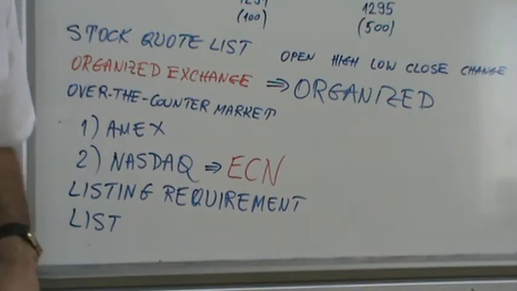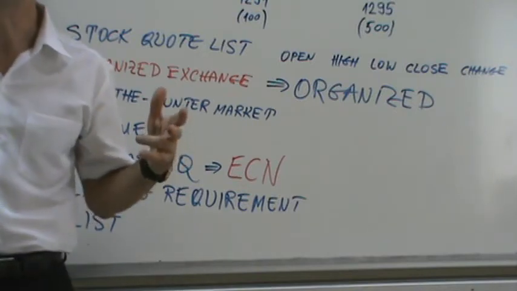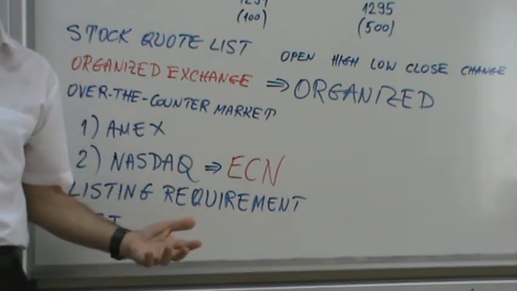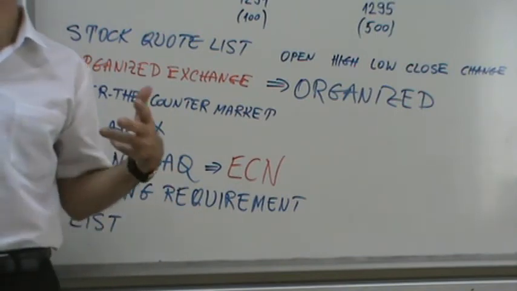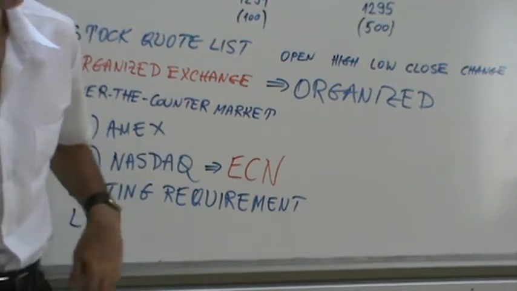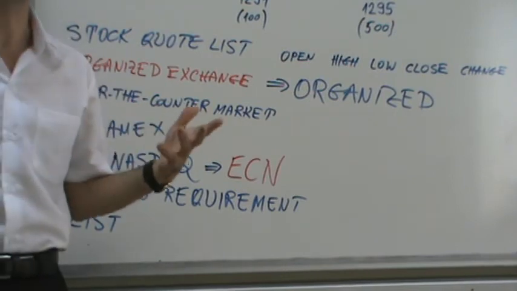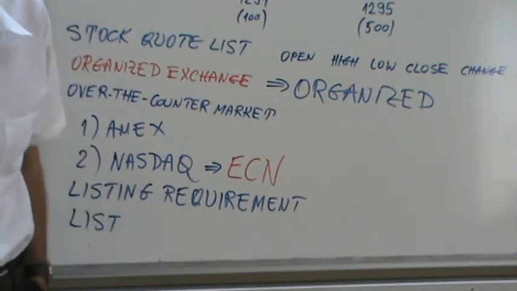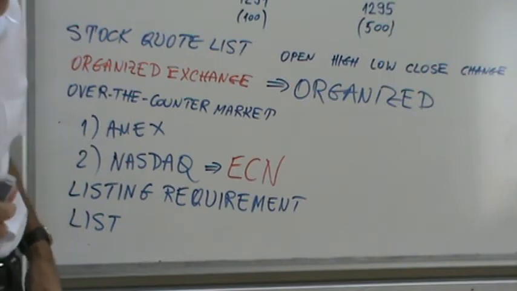For example, they'll be looking at your overall company value. How much is your company worth? They'll be looking at your earnings. Are you generating enough profits? They'll be looking at your assets. Do you have a lot of assets or a few assets? Number of shares, and so on.